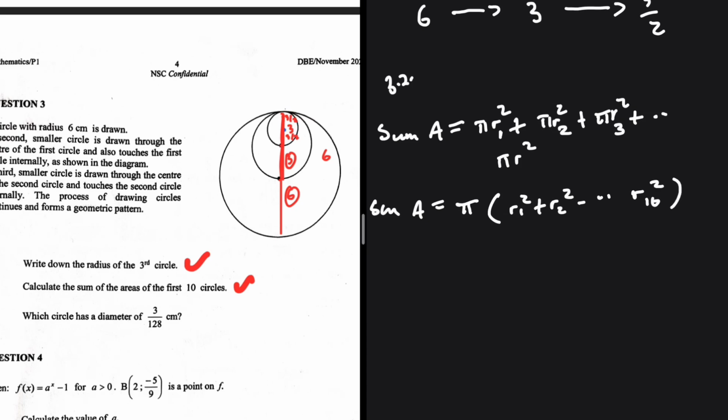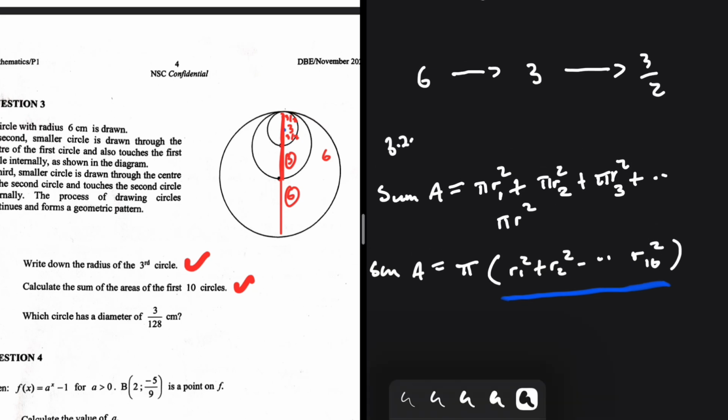So what can we do? We can use a bit of math to find the sum right there. But then you need to realize something, that r squared is not r, right? So we need to take this pattern that we are seeing from the radius of the circles and form r squared as a pattern.